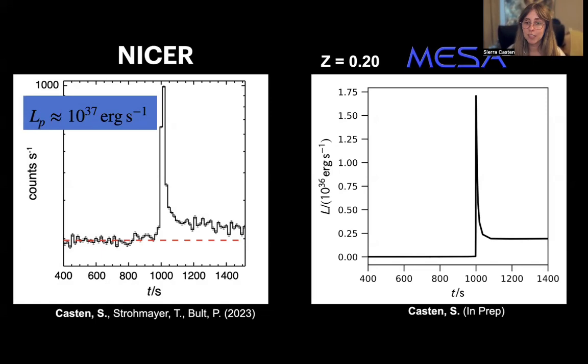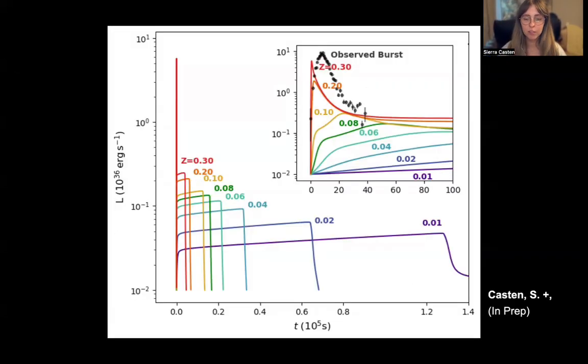So what if we do this over a range of metallicities and see what happens? So here are all the light curves that I got out using a range from 0.01, which is solar composition, all the way up to 30% metallicity in the accreted material. And already we can see some really interesting trends happen. We see the luminosity of the tail changes with metallicity, and the duration of the tail changes with metallicity.